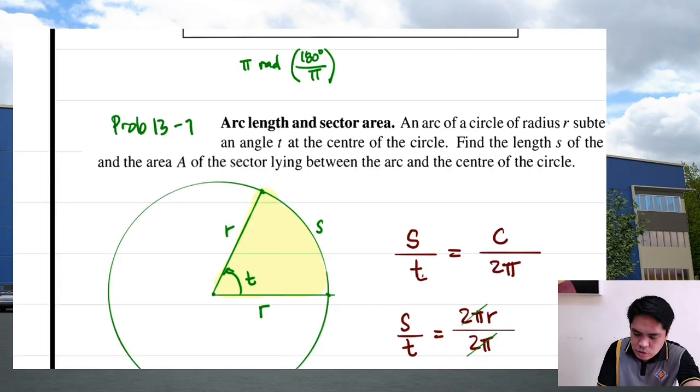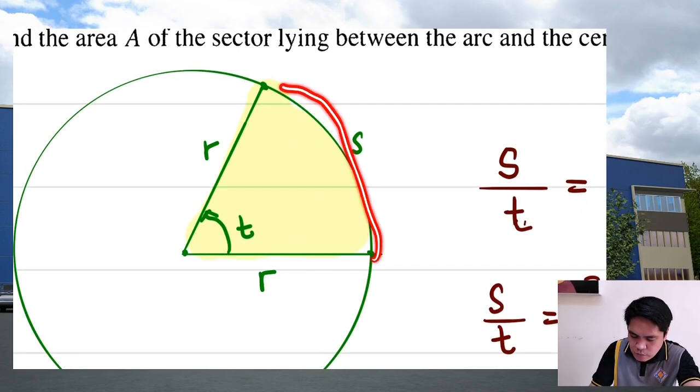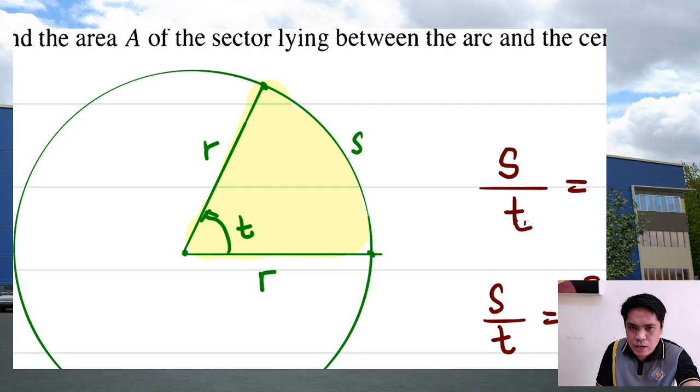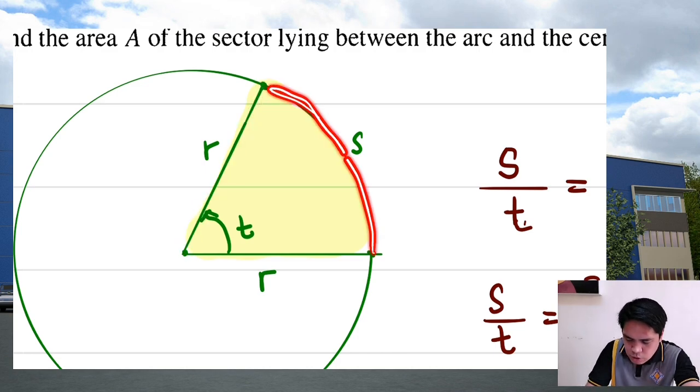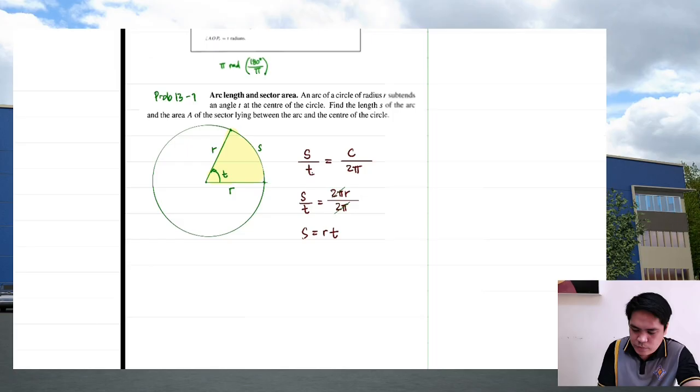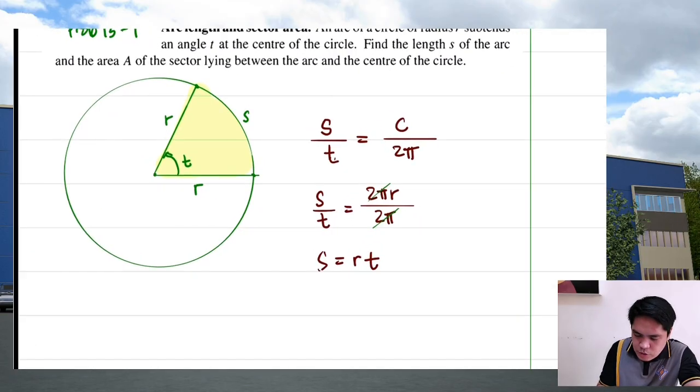So therefore, the length of S depends on kung gaano kahaba yung radius. So the greater the radius, of course, mas malaki yung value ng S. So if the radius is 0, of course, wala tayong S. Diba? Okay. Now, in terms of area, ganun din yung gagawin natin sa area.